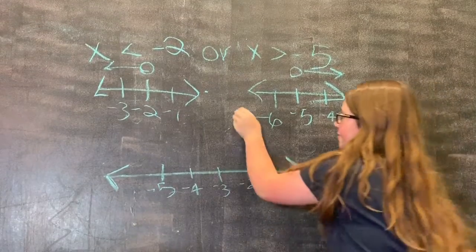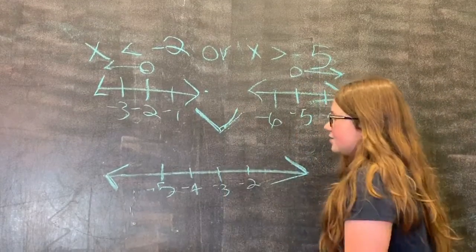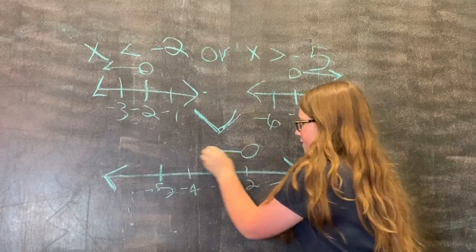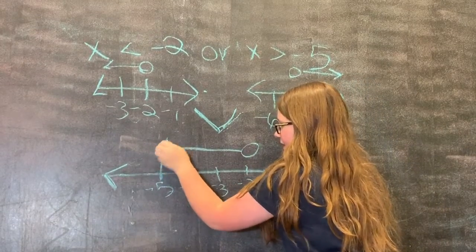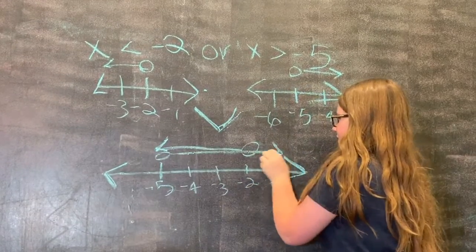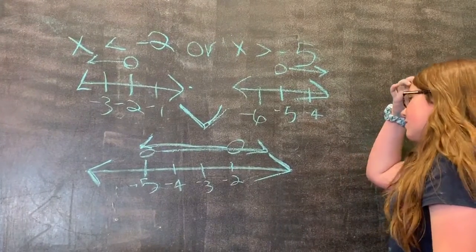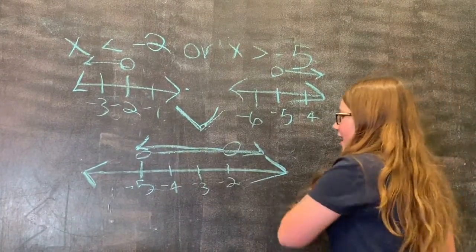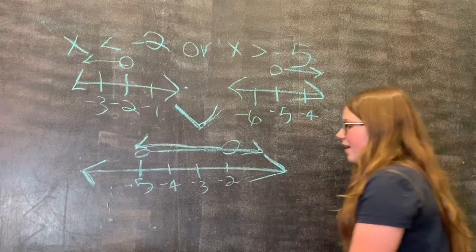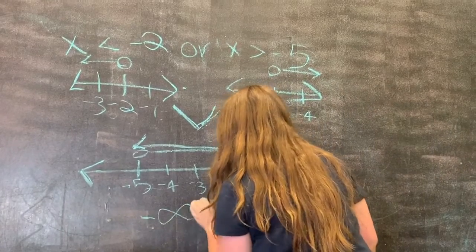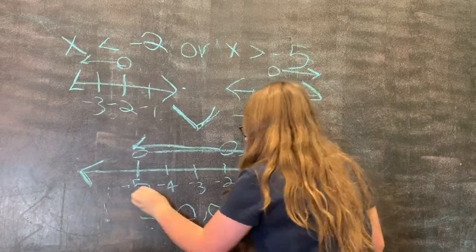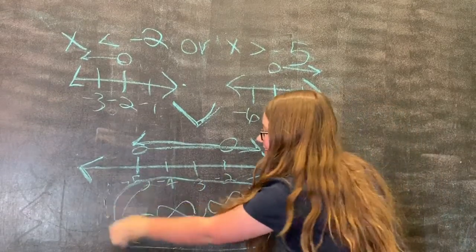And next we're going to combine them. And since it has to satisfy one of the two, and it's satisfying both of them, it leads to all real numbers. So that would be its interval notation.